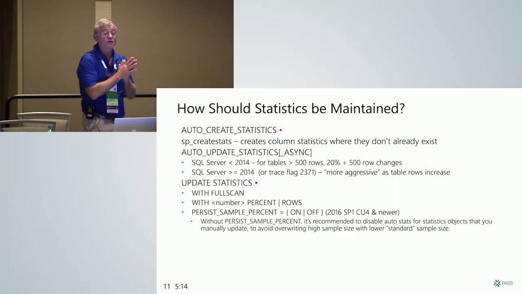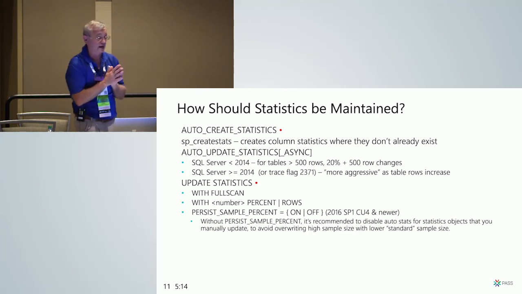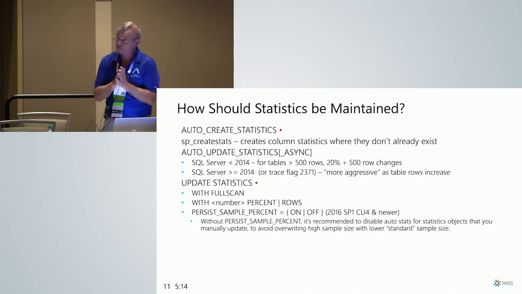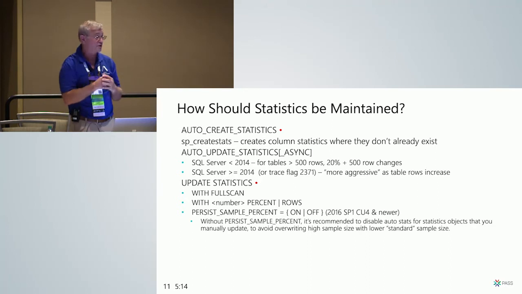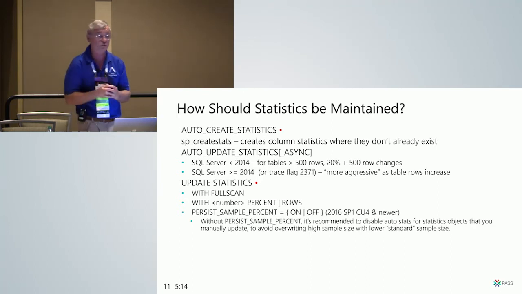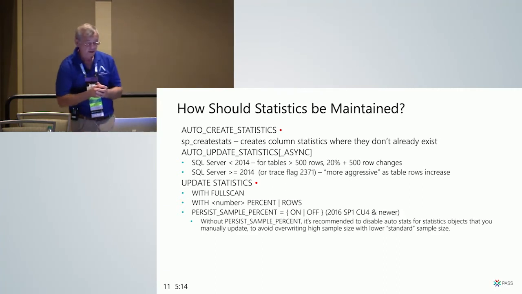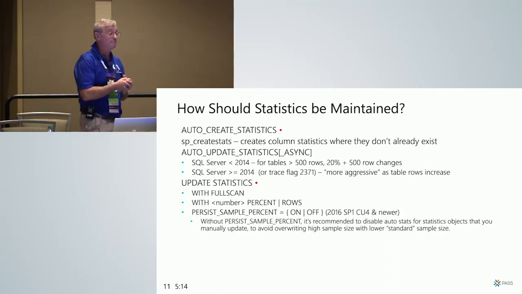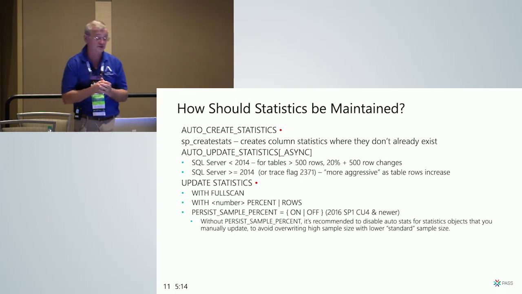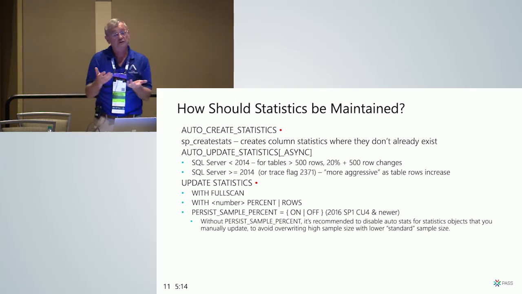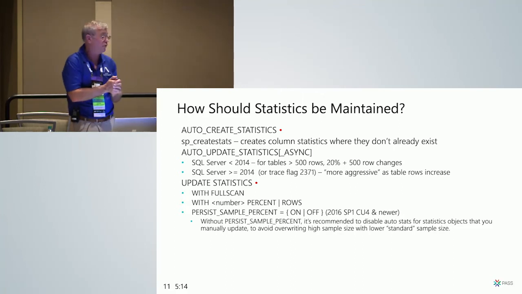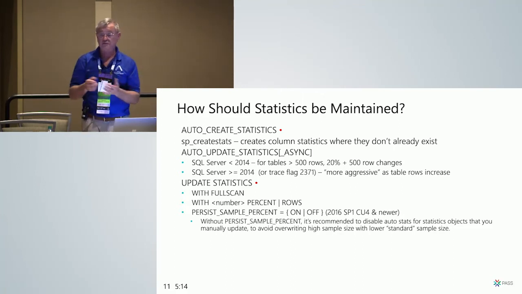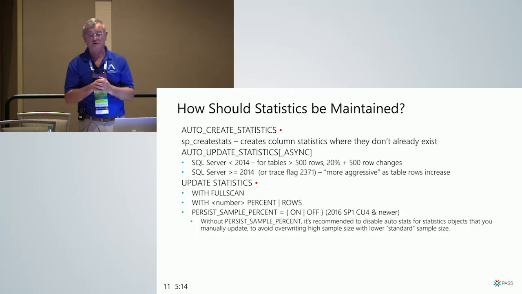We can also do a manual update of statistics, and on occasion you want to do that. And at the end, I show you a couple of things that can go wrong, and when they go wrong, you sometimes have to take over the manual stuff. When you do a manual update of statistics, you can specify a few things. You can say full scan, which, remember I said that by default there's a sample size that you don't control, and that sample size for larger tables is not 100% of the table.